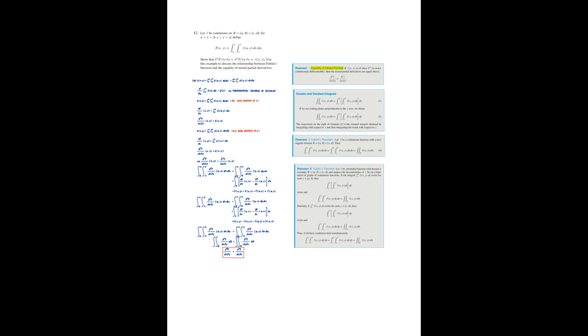And I got the same answer both times: f(x,y) minus f(x,c) minus f(a,y) plus f(a,c). Since they're both the same, I can equate both of them. And then, again relating to Fubini's theorem, I can simplify it all to dA, and they're both equal to each other. So basically Fubini's theorem is the integral method of proving that mixed partials are equal to each other.